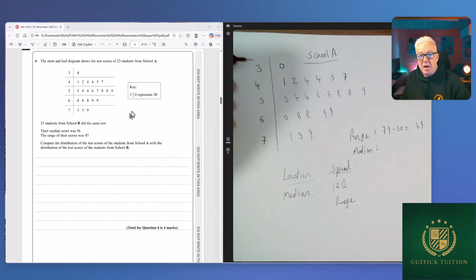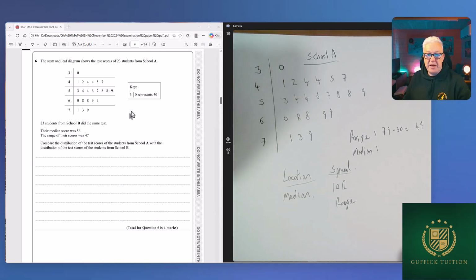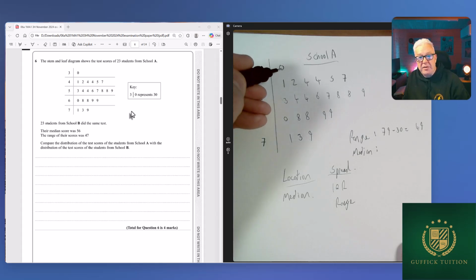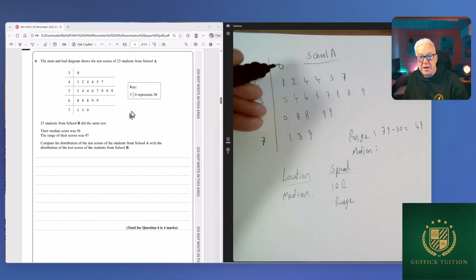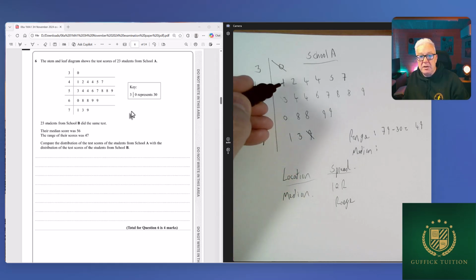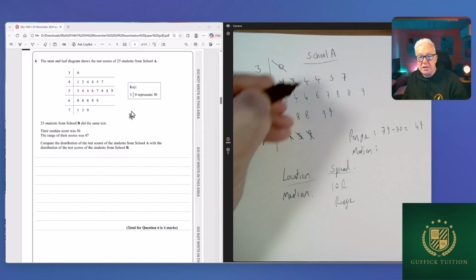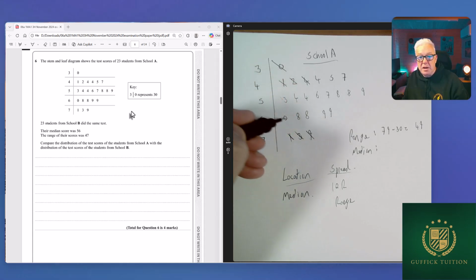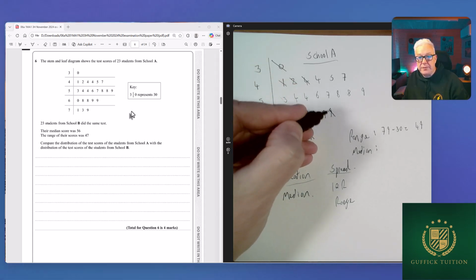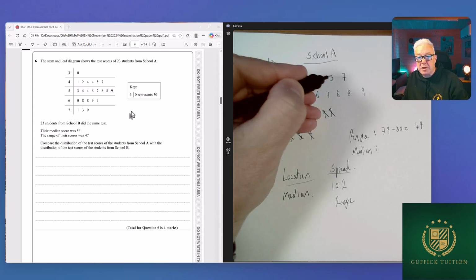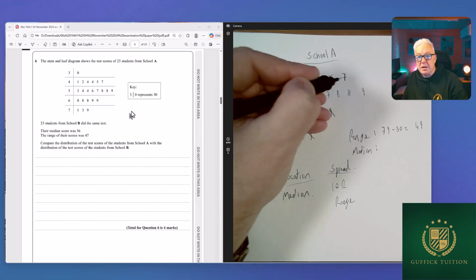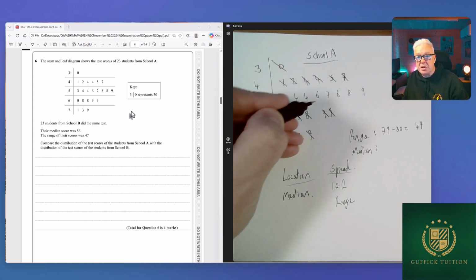Now the median, there's lots of ways you can do this. I'm just going to basically do the crossing off method. So this is a nice straightforward method. You cross off the smallest and the biggest, the next smallest and the next biggest, next smallest, next biggest, and then you just keep on crossing them off like this in pairs, the smallest and the biggest each time.